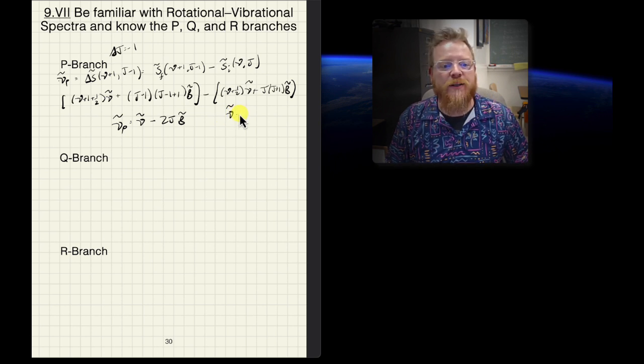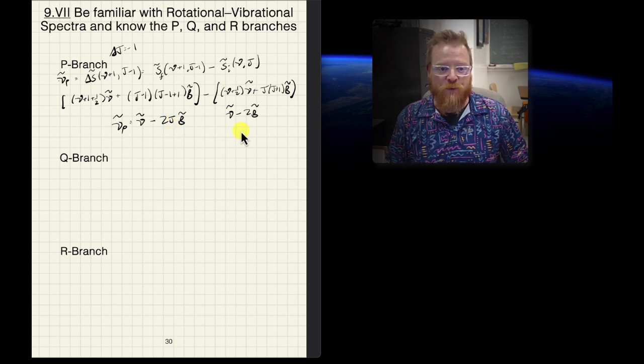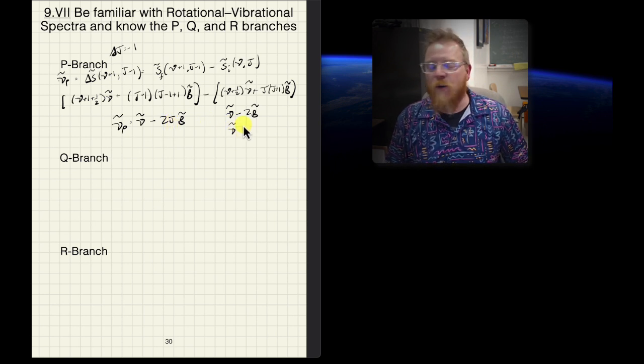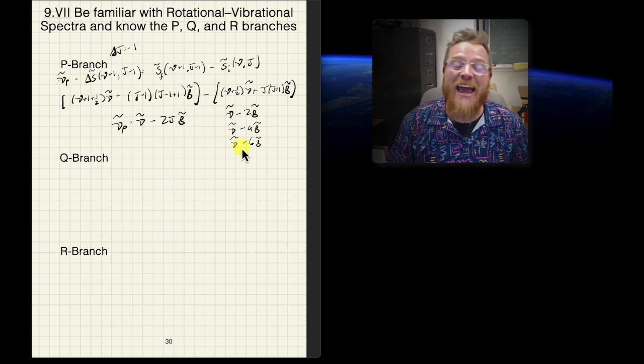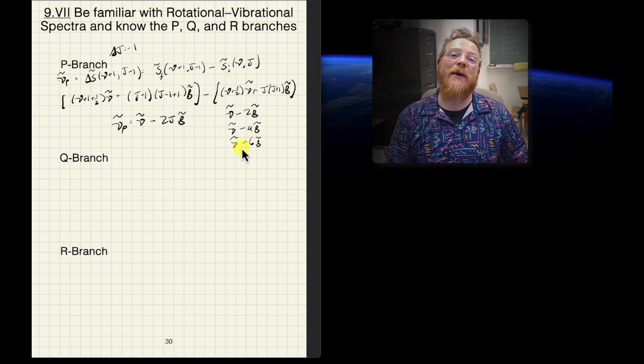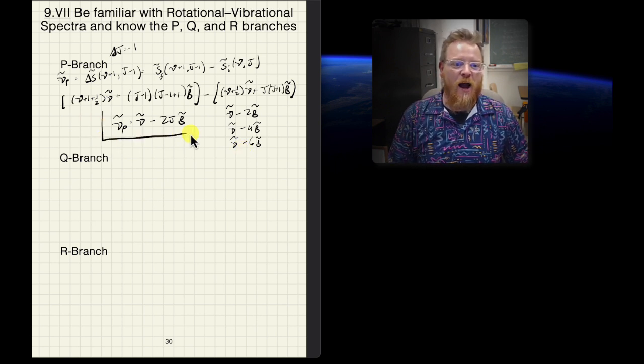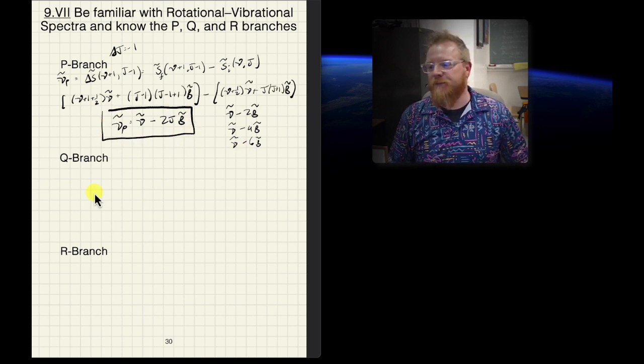It will be nu tilde minus 2 times B tilde for J equals 1. My next line will be nu tilde minus 4 times B, and so on. Hopefully you can see where this is going. This is going to give us the same 2 times B dependence spacing between each peak, which is kind of cool that it works out that way.